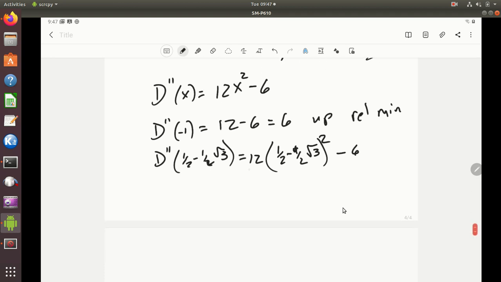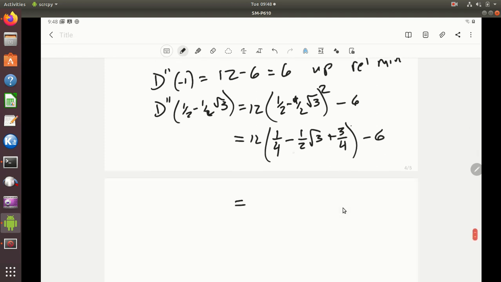Now, what I do see is that when I square that, I will get 12 times a fourth from that square. When I multiply the two terms together, I'll get a minus 1/4, but two of them, so 1/2 square root of 3, and then plus 3 over 4, so 3/4, and minus 6.